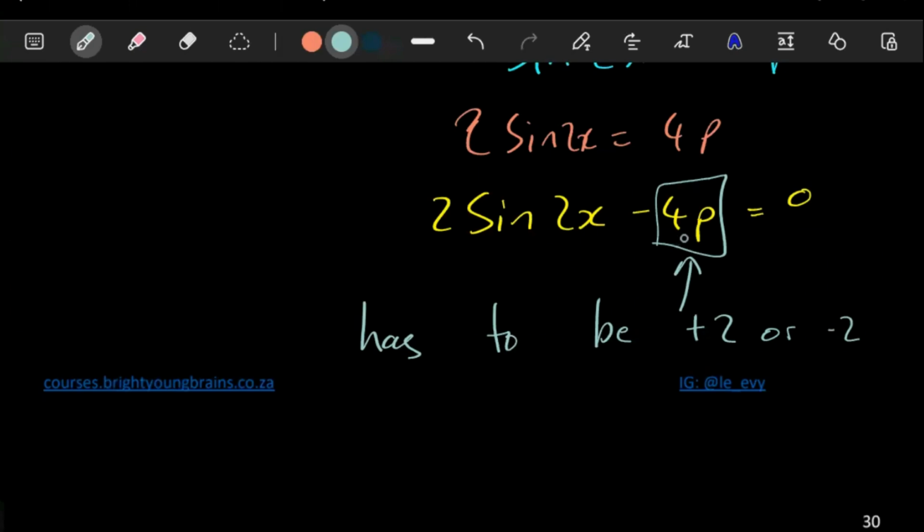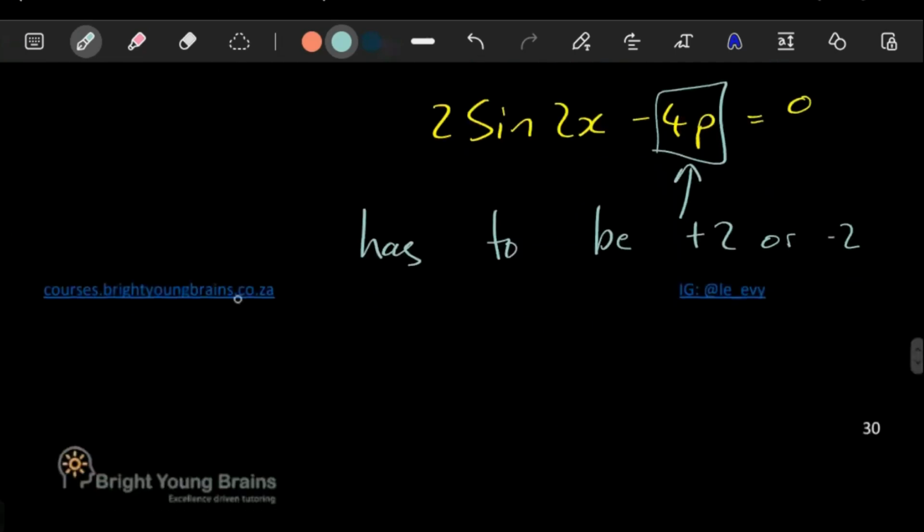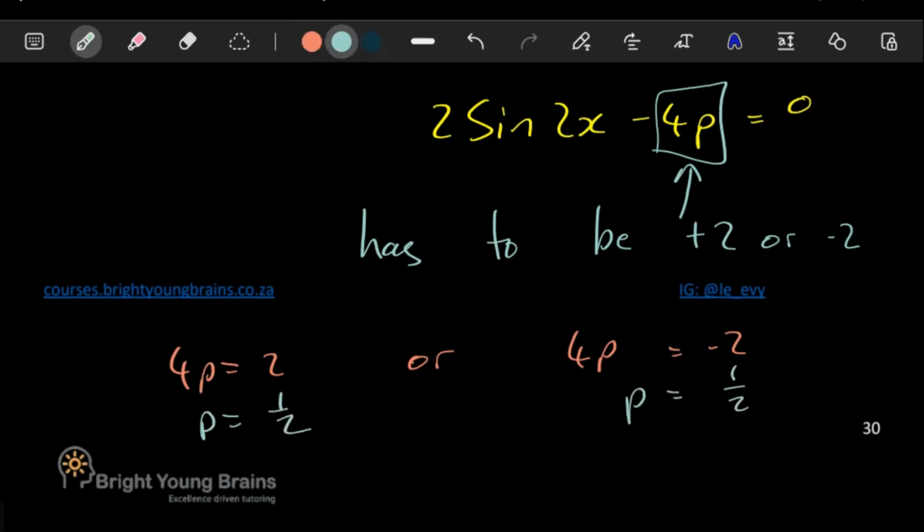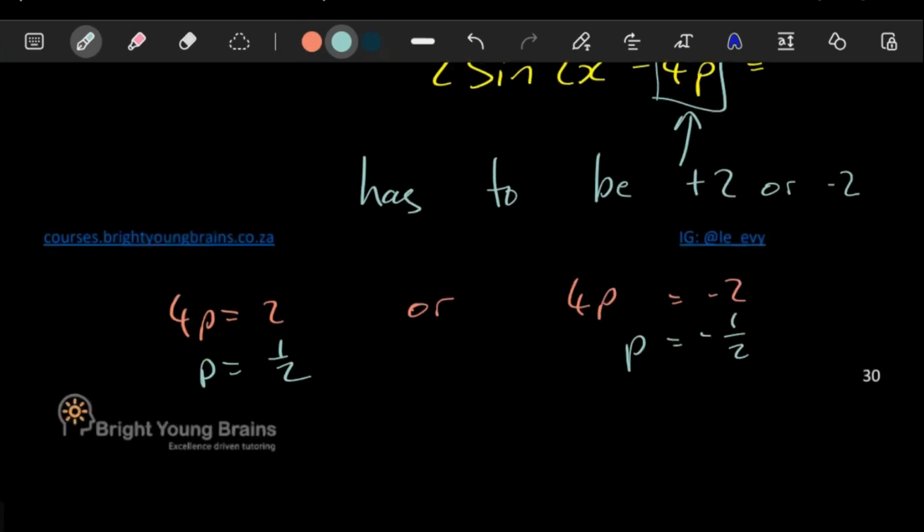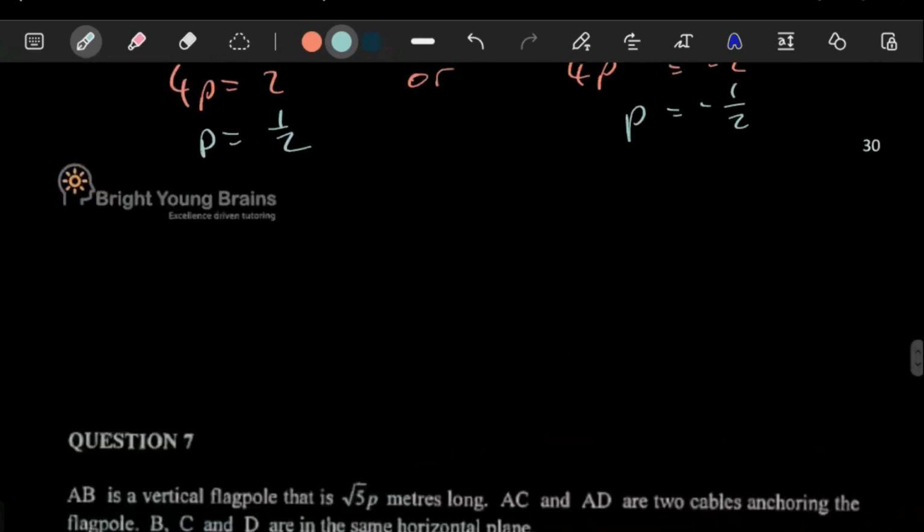Because if you move the graph 2 units upwards or downwards, your graph will only have 2 roots. So 4p has to be equal to 2, or 4p has to be equal to minus 2. Divide both sides by 4, p here is a half, or p here is a negative a half. There we go. Let's move on to question number 7.